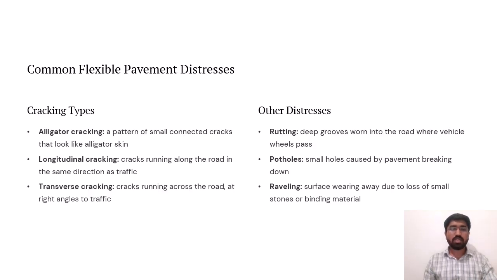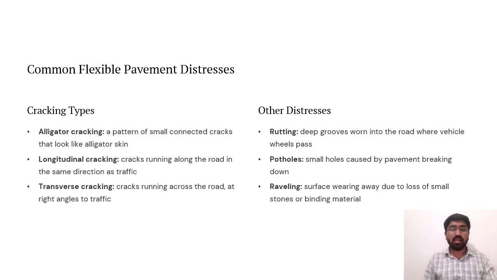Common flexible pavement distresses. Cracking types. There are three cracking types: alligator cracking, interconnected cracks that resemble reptile skin, typically from repeated traffic loading, a pattern of small connected cracks that looks like alligator skin. Longitudinal cracking, cracks running along the road in the same direction as the traffic.